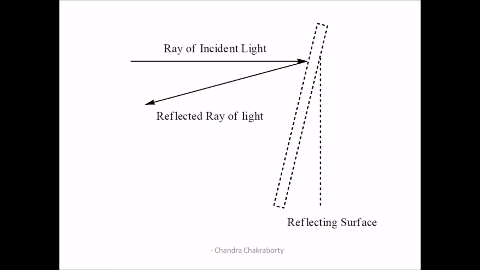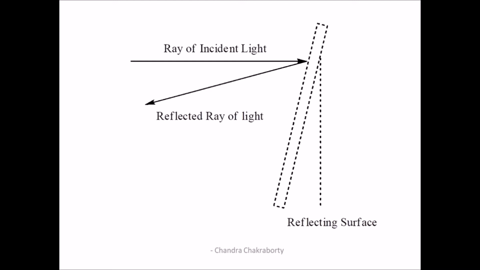Now, let's consider that a ray of light strikes a reflecting surface. What would happen? What do you think? Obviously, the light will get sent back in a different direction in the same medium, right?